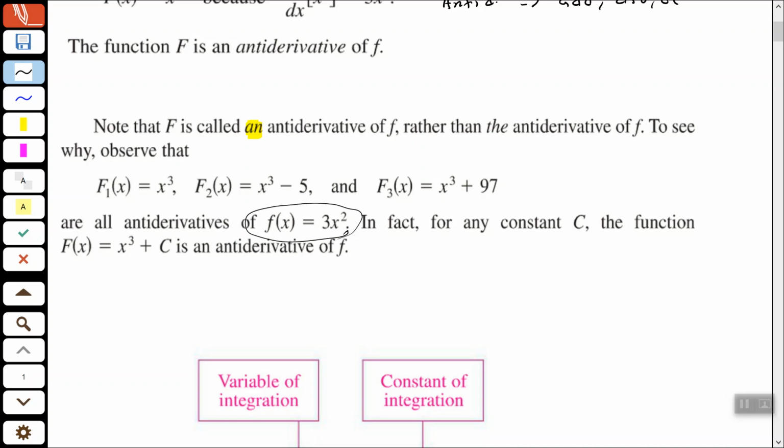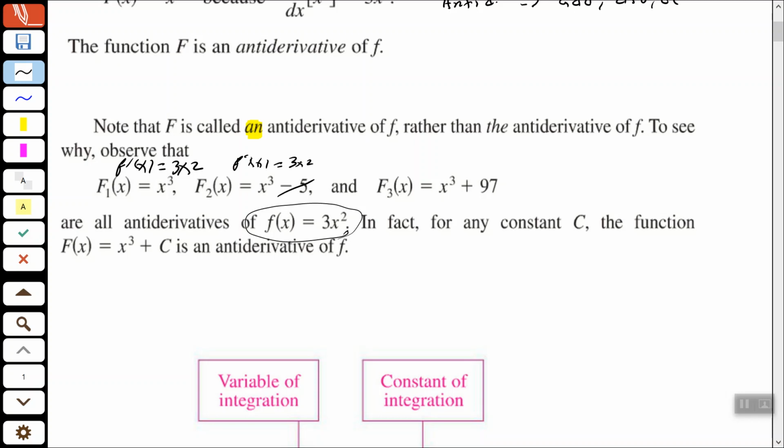Why is that? Well, let's look at it. If we found the derivative of x to the third, that would be 3x squared, correct? If we found the derivative of x to the third minus 5, that would still be 3x squared, because remember, the derivative of a constant is 0.